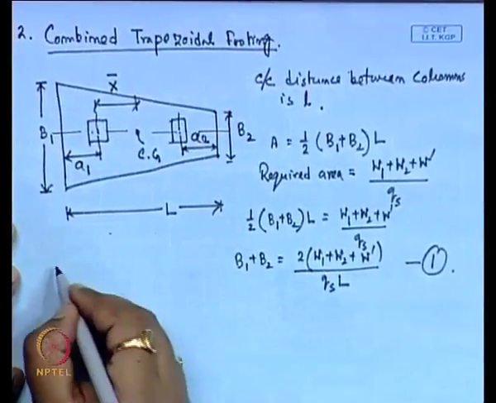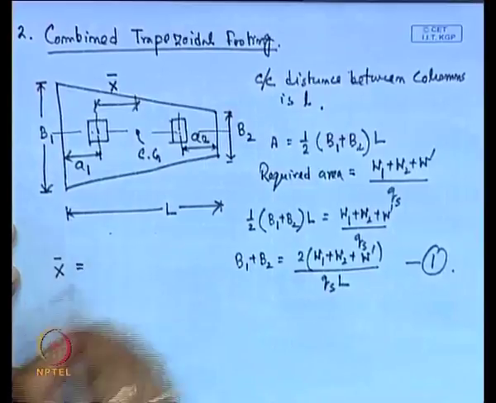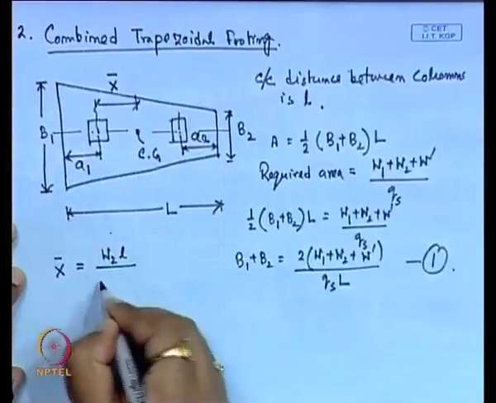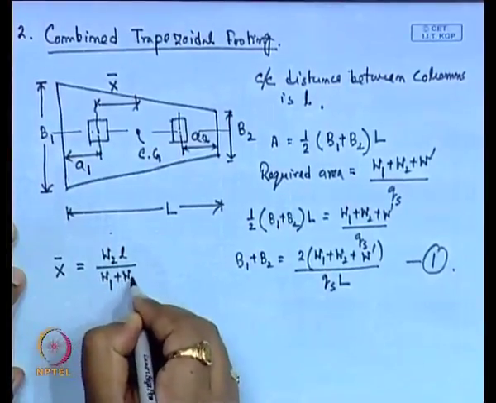Similarly, we can calculate x bar in the previous fashion, that is W2 into small l divided by W1 plus W2.